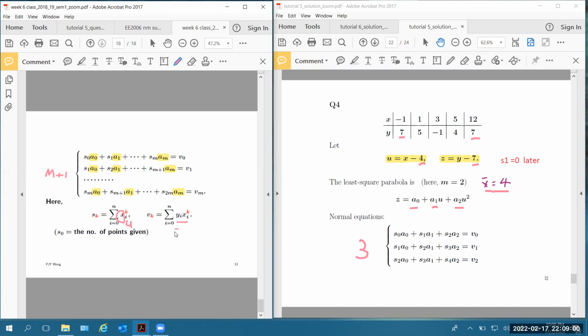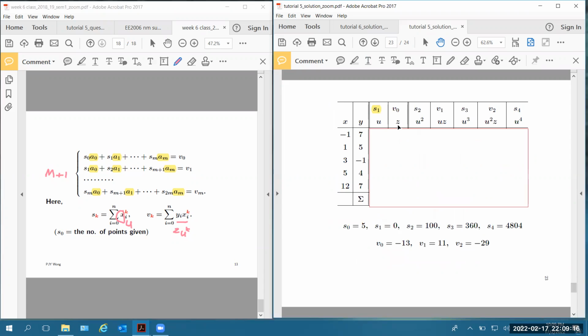Your Z. And then your X is your U, right? U power K. Is that okay? All right, so it's like this. So then you go and do up the table. You do up the table, you need your XY, then you need to calculate your UZ. Then your S square is sum of these. See, you need all these things, right?